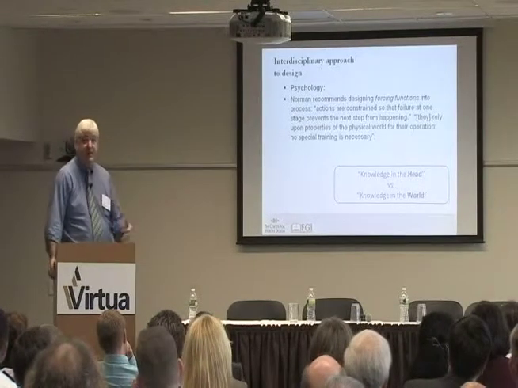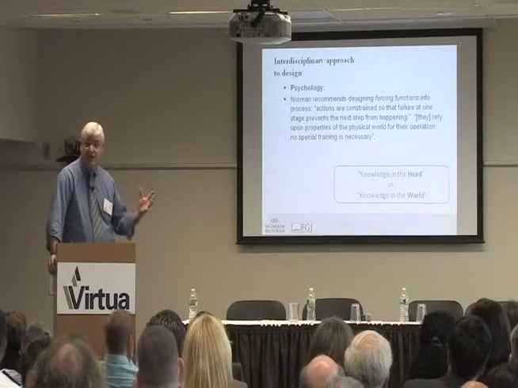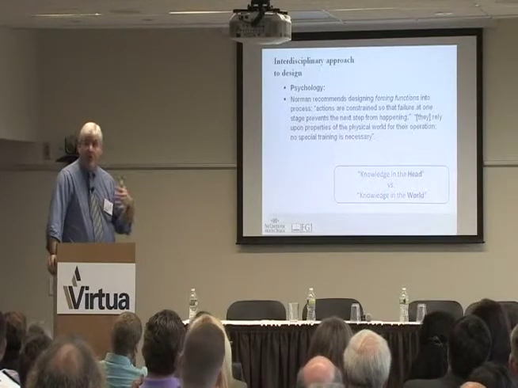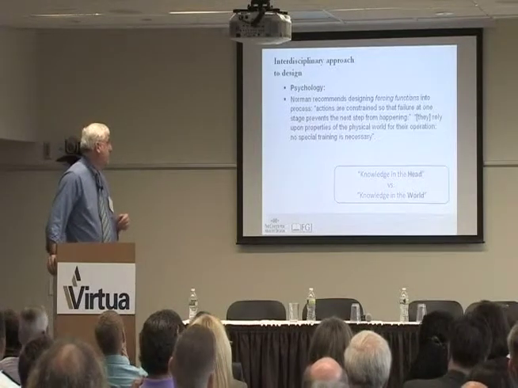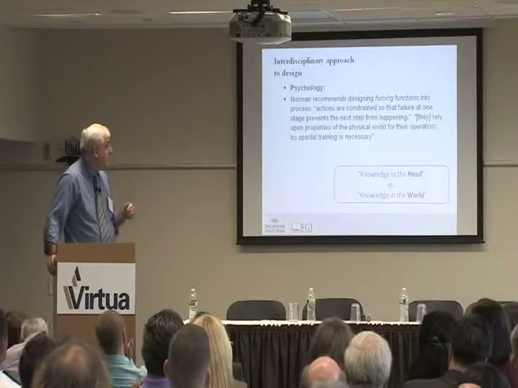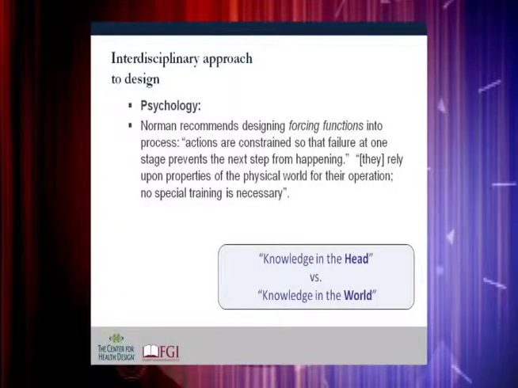So many in healthcare read the works of Reason and also of Donald Norman. And Norman recommends using forcing functions. Many of you may have heard the term forcing function. I think that's a synonym with some of the mistake proofing devices. Not all, I think it's a little narrower.